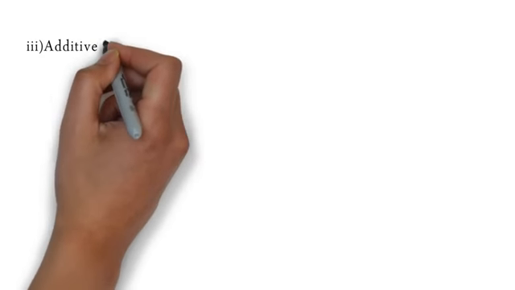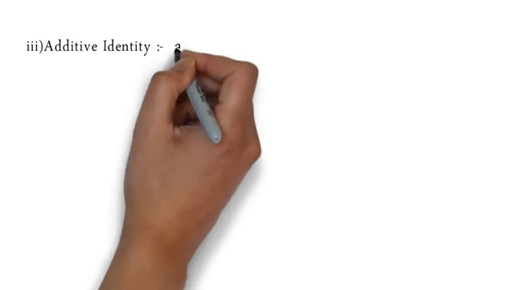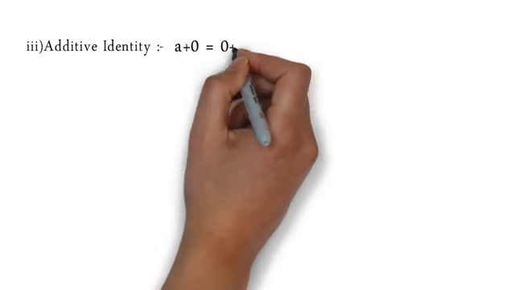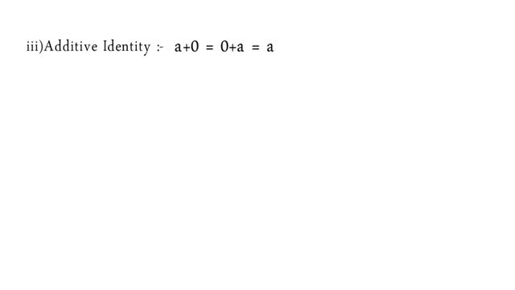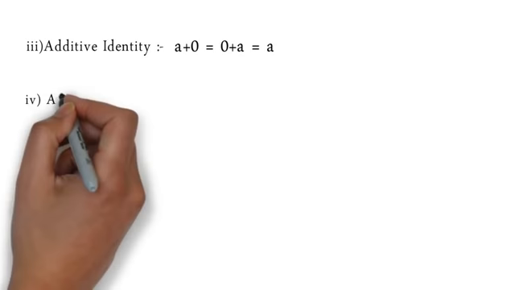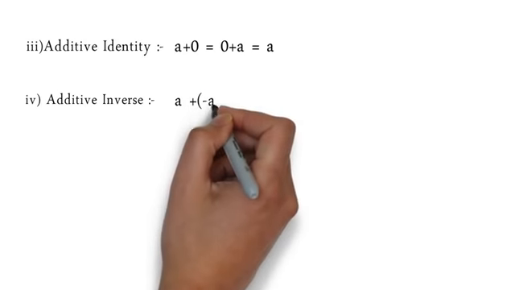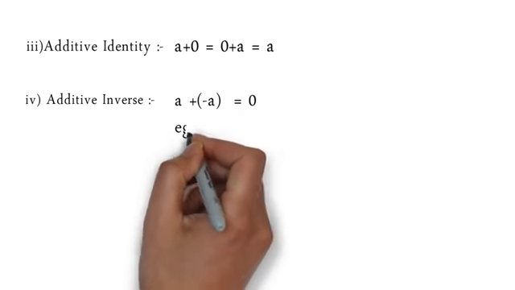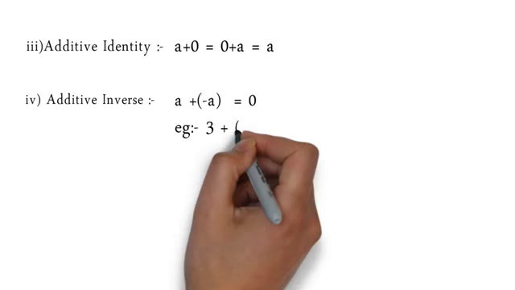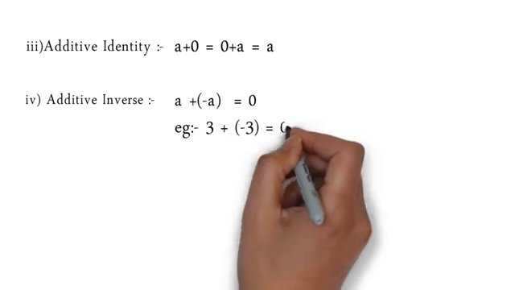Third, additive identity. a plus 0 is equal to 0 plus a, which is equal to a. Fourth, additive inverse. a plus minus a is equal to 0. For example, 3 plus minus 3 is equal to 0.